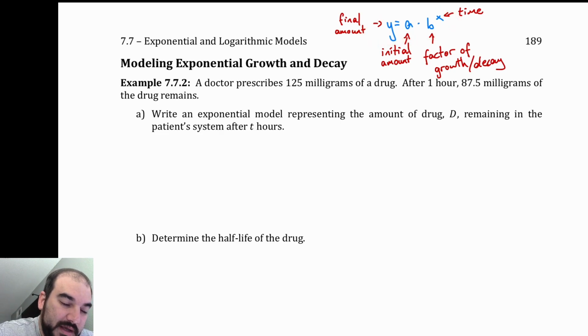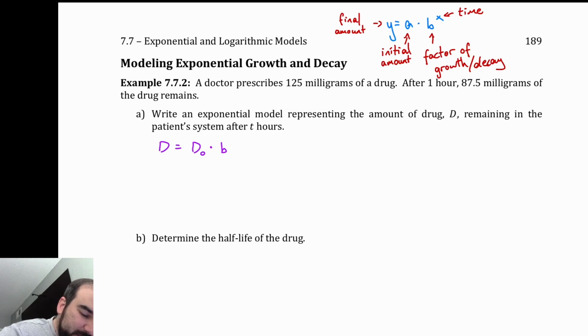So writing the model with the variables given in the question, I would write something like D is going to be my final amount left in the patient's system, would be modeled by some kind of starting amount. We'll call that D sub 0 for the amount of drugs in the system at time 0, times some factor of decay, which I'll leave as b from the original equation.